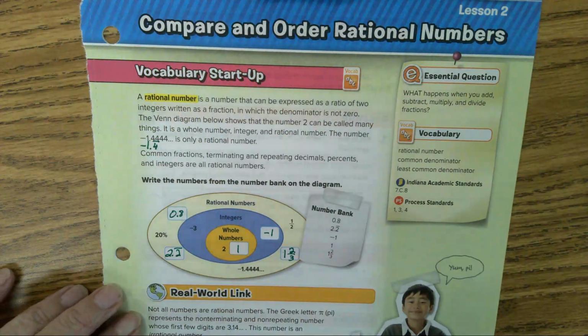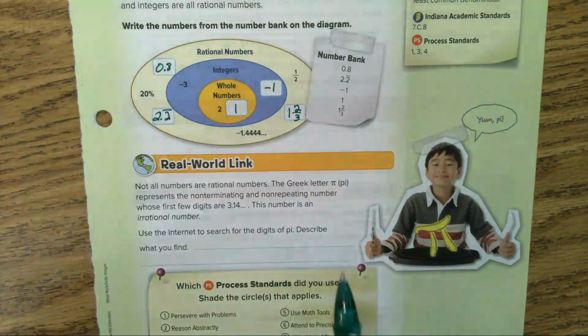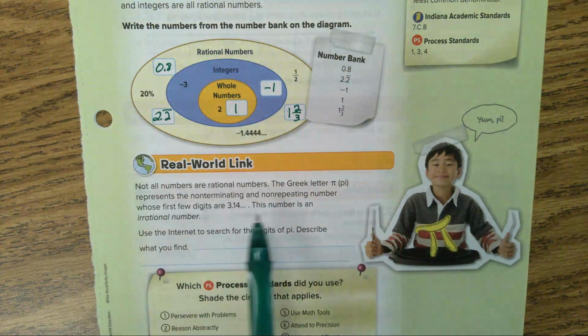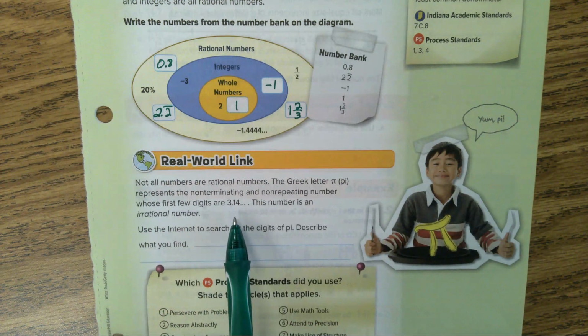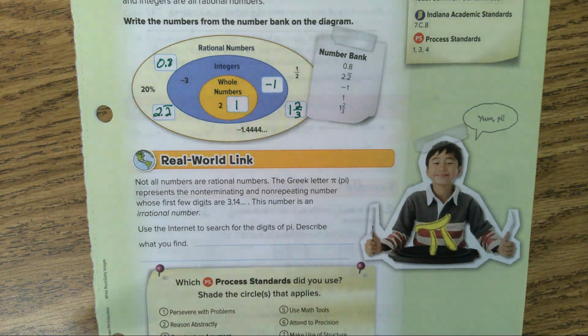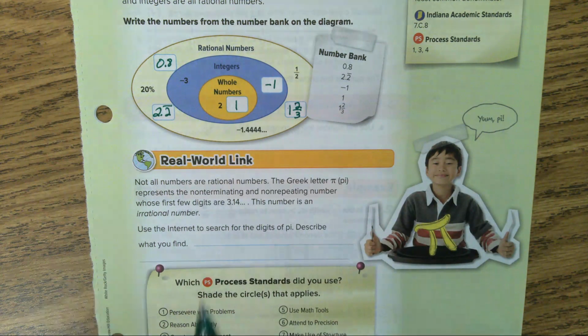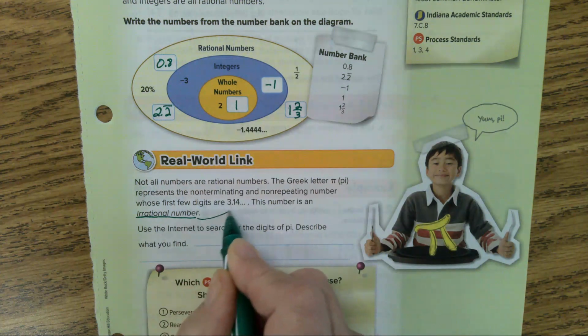Not all numbers are rational numbers. The Greek letter pi represents the non-terminating and non-repeating number whose first few digits are 3.1415, and the ... indicates that it continues. This is an irrational number, so that's an example of an irrational number.